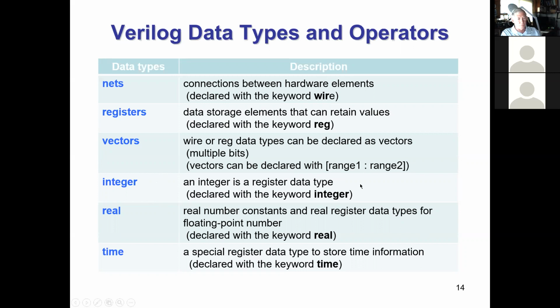You cannot do division. And again, these are integers, no fractional portion. If you want to have floating points, then you have to use the real designation. And then there's a special designation if you're storing time information called time. We're probably not going to use time or reals, but we will do some integers.